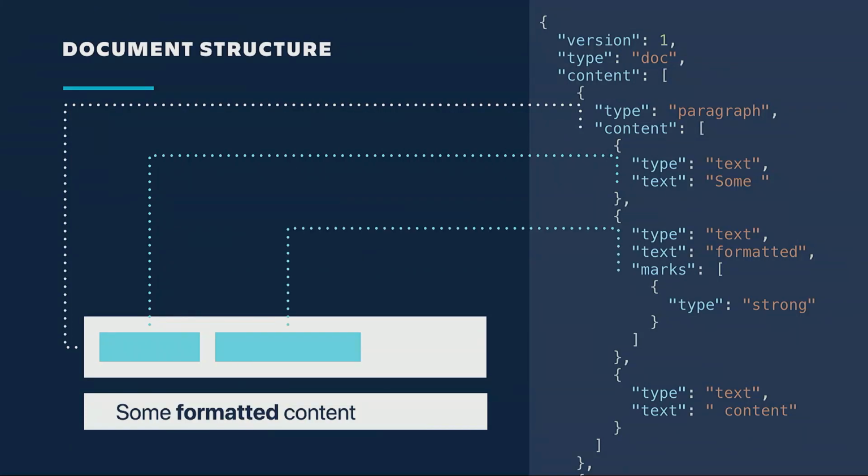Then we have formatted. And this formatted text also has a mark because we want to mark it as bold. This is what you see in the next transition. And the last one is simply a word again, which is the word content. And this is basically how we would assemble a simple piece of formatted text in ADF by essentially wrapping multiple text nodes in a paragraph if the text nodes are formatted differently.